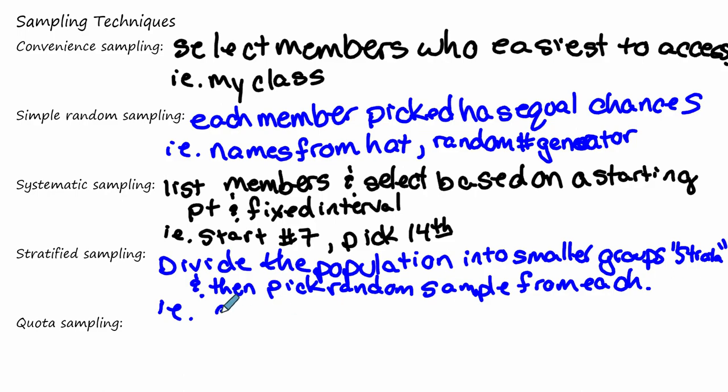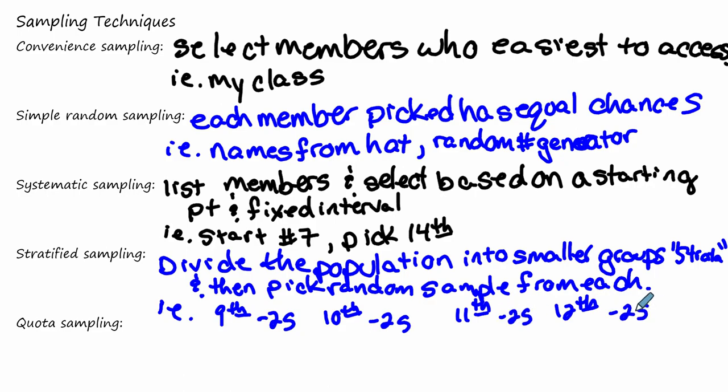So I'm going to have a group of 9th graders, a group of 10th graders, a group of 11th graders, and a group of 12th graders. And what I'm going to do is pick 25 9th graders, random sample. I'm going to pick 25 10th graders, 25 11th graders, and 25 12th graders. Okay. I could also split it by gender. Stats does a lot of gender stuff. So I can split into male and female, and then I'm going to pick 10 from here and 10 from here. Okay.